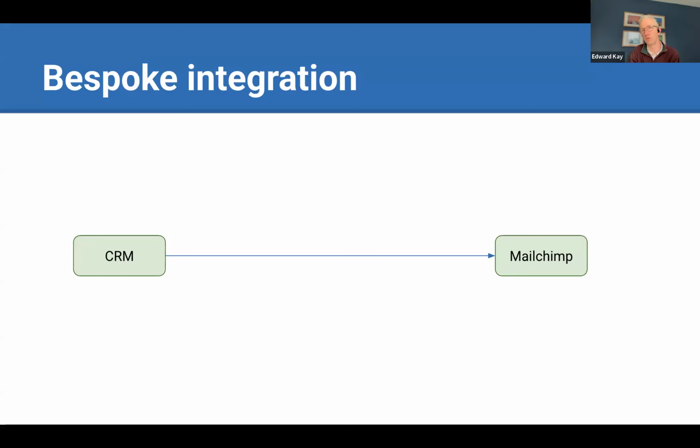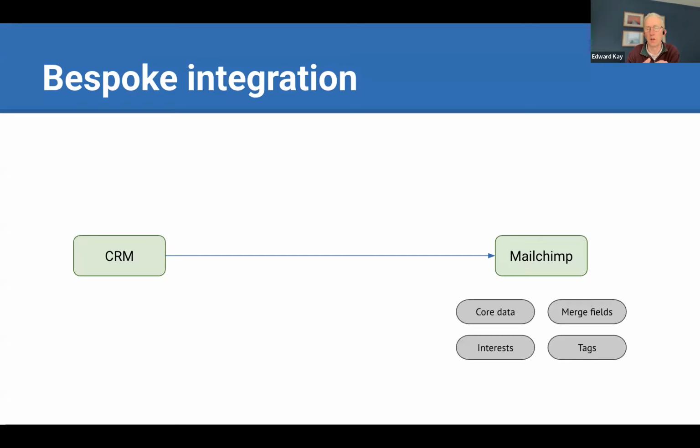Because when you realise that, it's not unexpected that your CRM to Mailchimp integration would just be name and email address. And as we know, to actually segment the data and do anything meaningful with it, you need much more than just a name and an email address. We've got our merge fields, we've got their interests or groups, we've got the tags, and you have to work out your own naming conventions and how you want to do that.